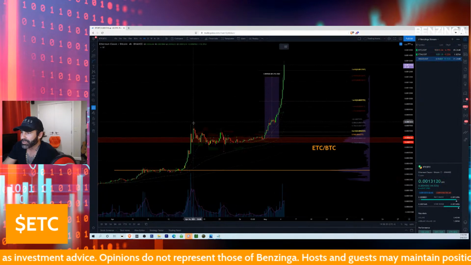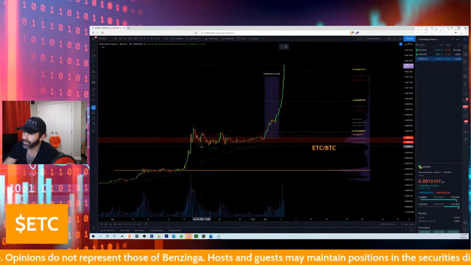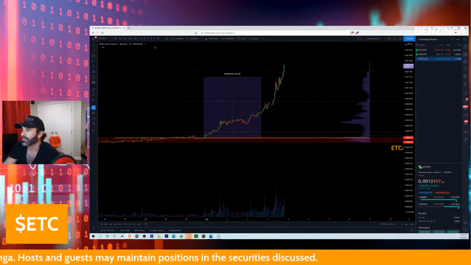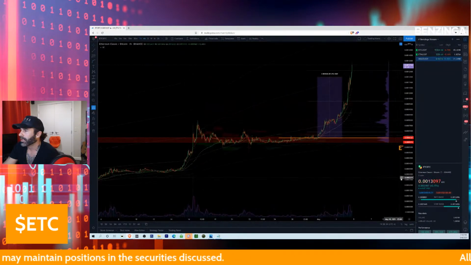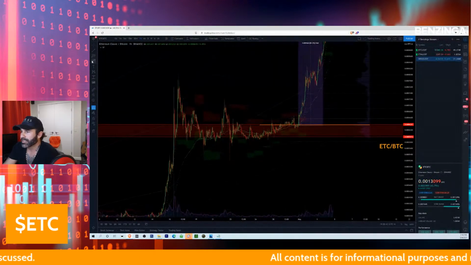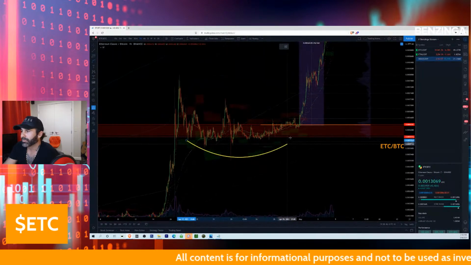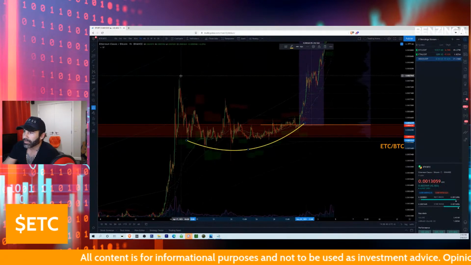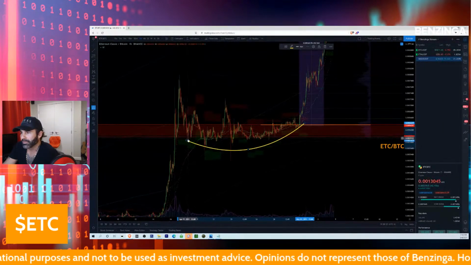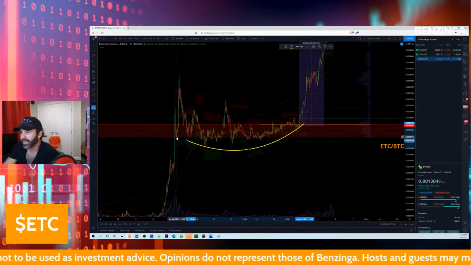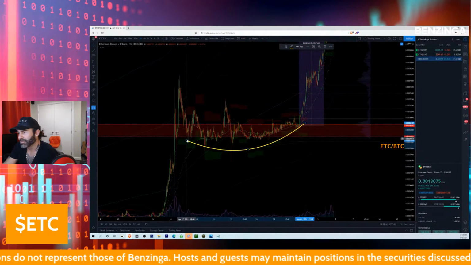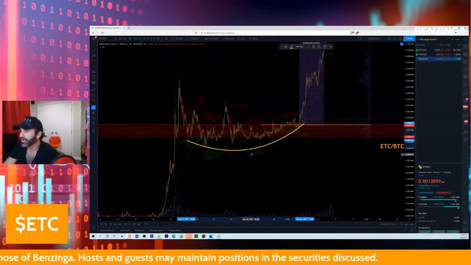You got this impulse up, it broke down, and if you look at some of these lower time frames, you can see it a little bit better. If you zoom in on ETC, it's the same thing. You've got your impulse up, you come back down to an area that seemingly found support, which is confluent with this double bottom before the blow off. You got this rounding bottom structure developing.